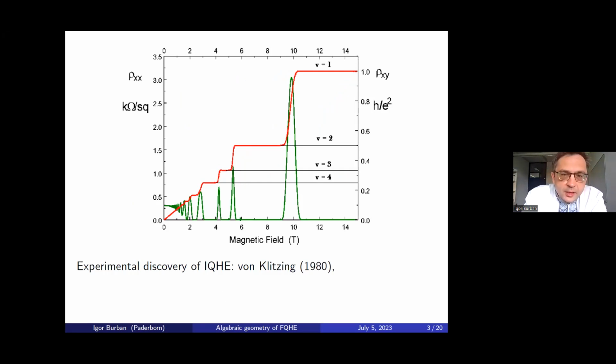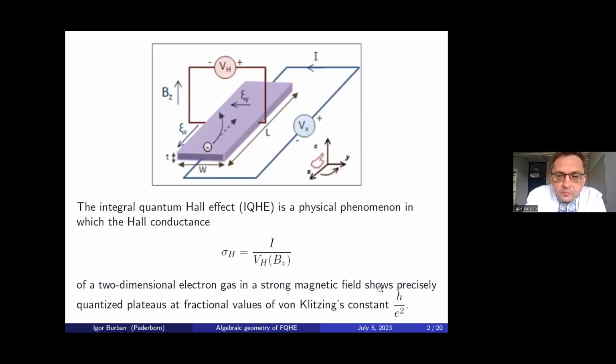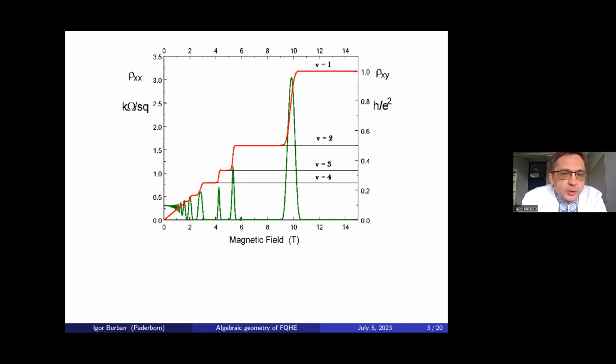It takes integral values of a very special constant, which is nowadays called von Klitzing's constant. In this picture there are a lot of decorations, but important is this red one, which indicates possible values of the Hall resistance as a function of the magnetic field. This picture shows that the values are somehow discrete.